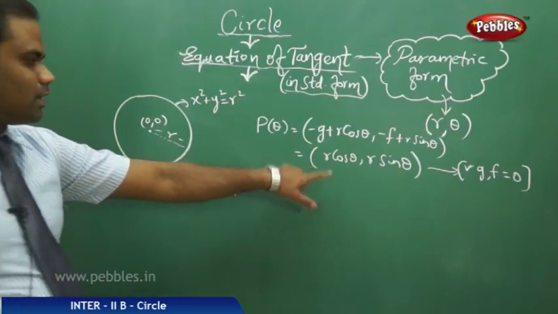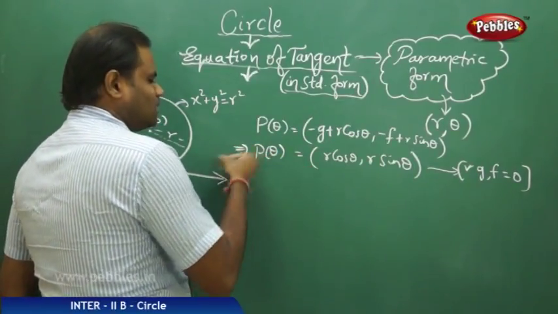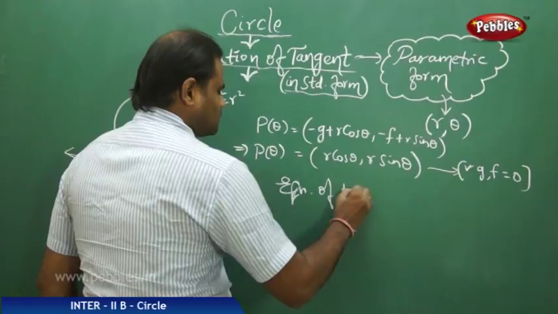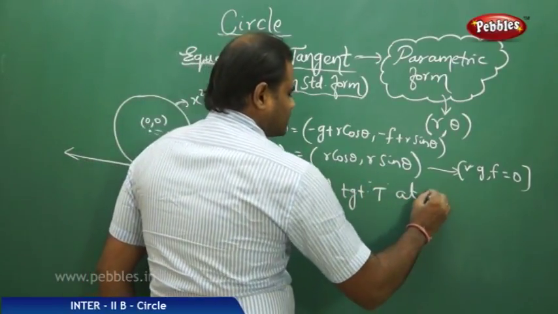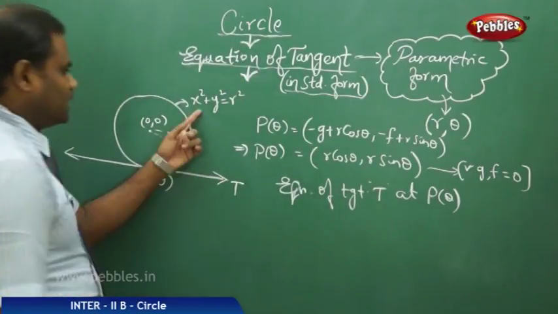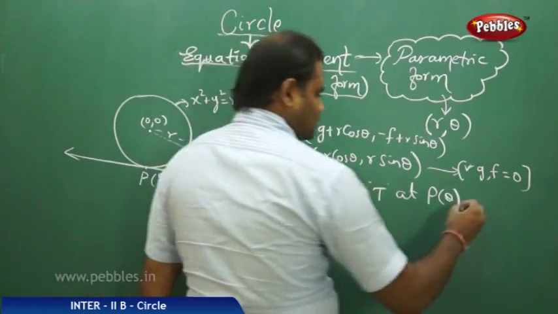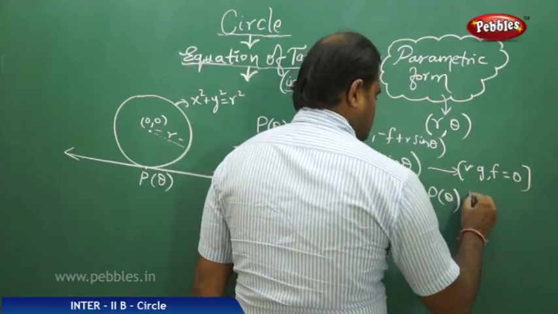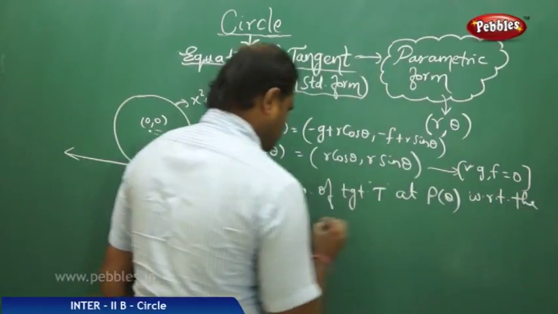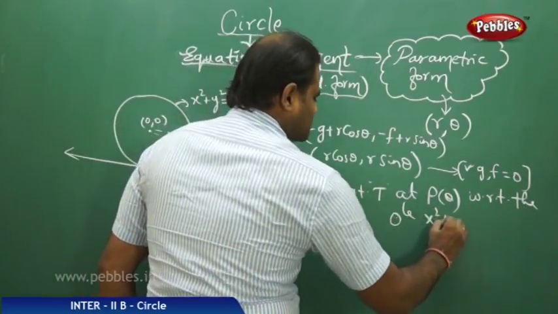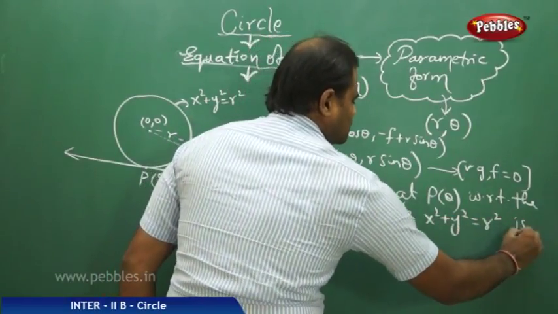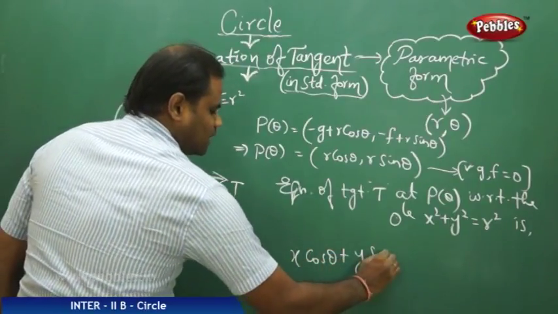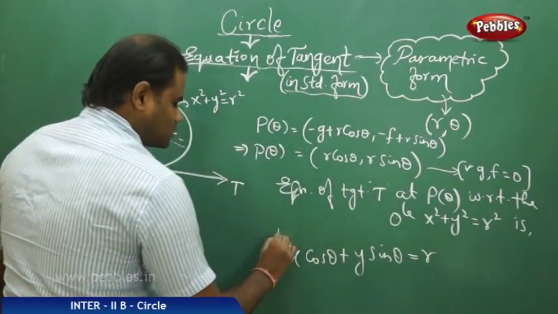Now for this point, the equation of tangent T at P(theta) for the circle x squared plus y squared equals r squared is given by x cos theta plus y sin theta equals r.